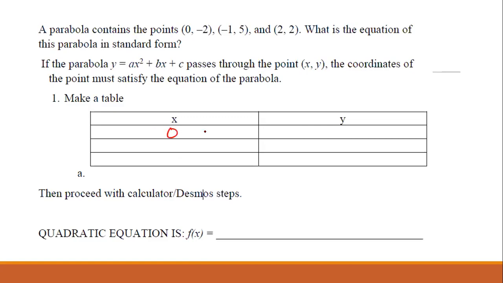So we have 0, -2, -1, 5, 2, 2. Okay, so let's go to Desmos.